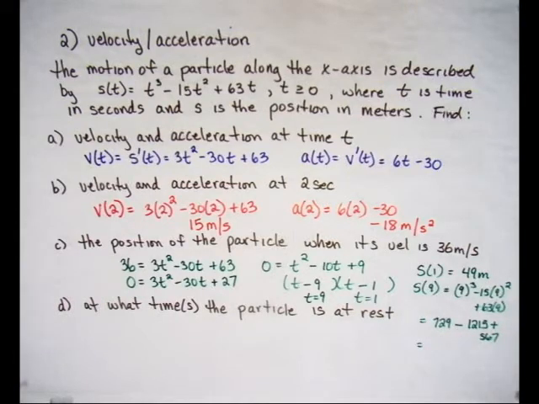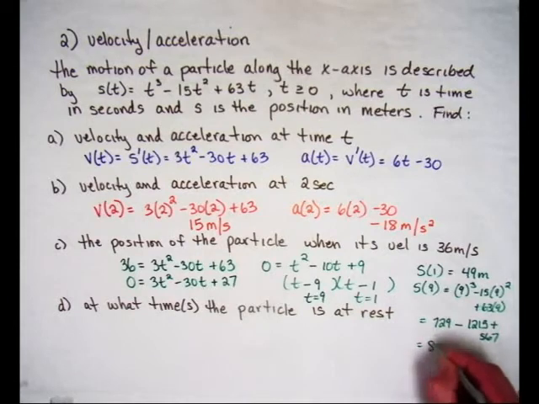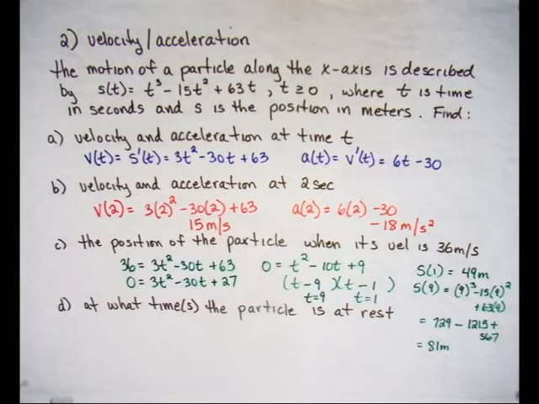So 567 plus 729 minus 1215, and we get 81 meters. So the object was traveling at 36 meters per second at 2 different times, and therefore 2 different locations.